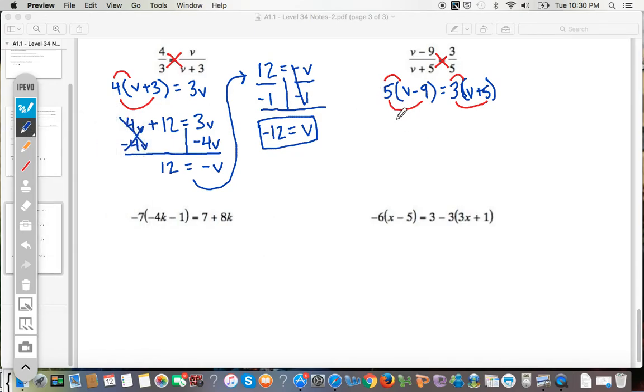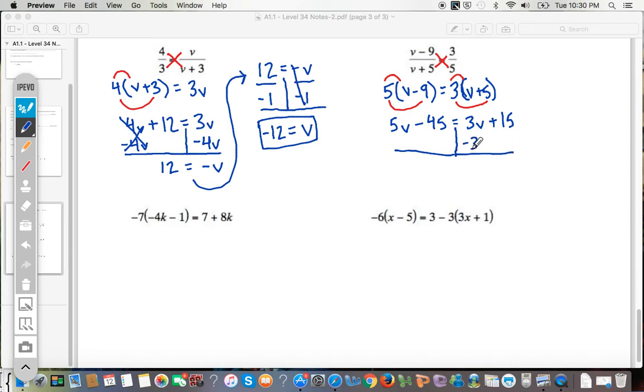So I have 5 times v, which is 5v, minus 45 equals 3v plus 15. So I need to get all my v's on one side. I'll bring them all over to the left side.